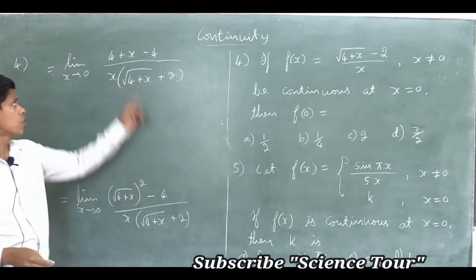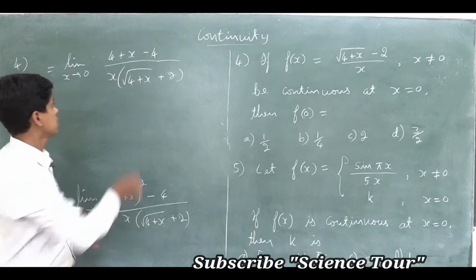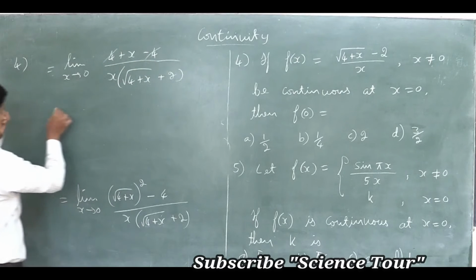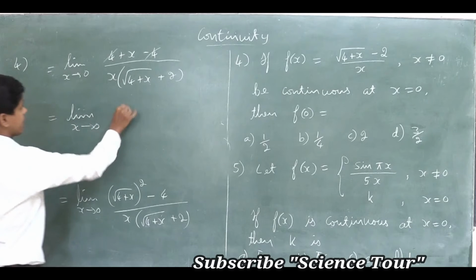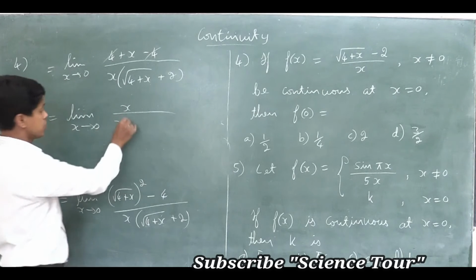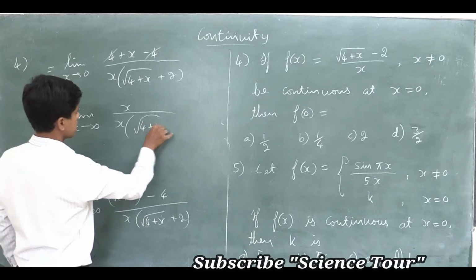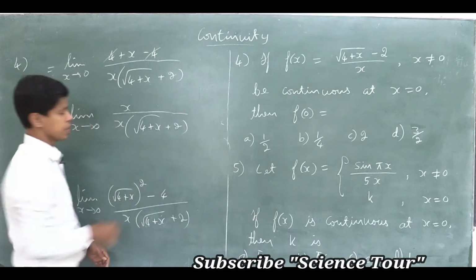Well, in the numerator you have got 4 and minus 4, which cancel each other. So you will be left with x in the numerator and x into square root of 4 plus x plus 2 in the denominator.